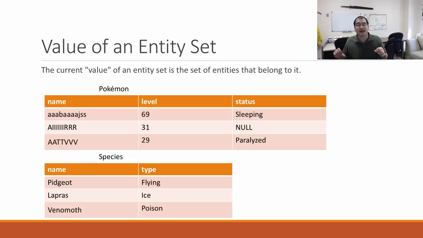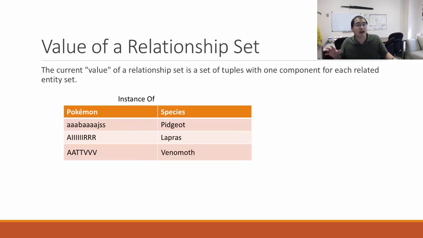If I want to say, hey, ATV is a Venomoth, we need to add another bit of information here. So relationship sets, those connections between entities, also have data associated with them. So for instance, our "instance of" from previously, we have a Pokemon like ATV and a species like Venomoth, so that you can connect the information regarding the Pokemon and the information regarding the species together.